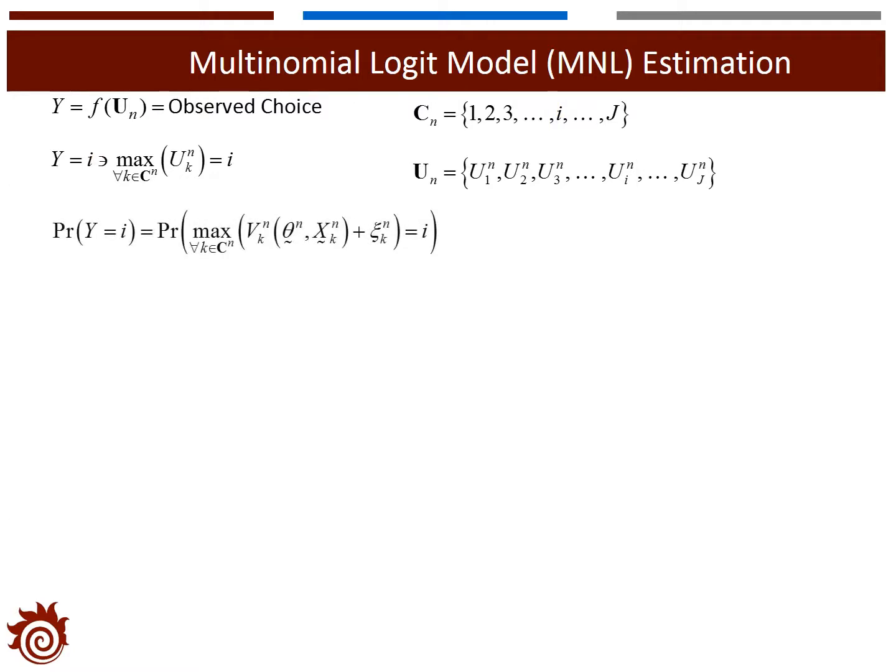Usually, we are considering the probability for the individual n to choose the mode i. It could be represented as the function here, and the utility contains two components: the deterministic component V and the random component xi.